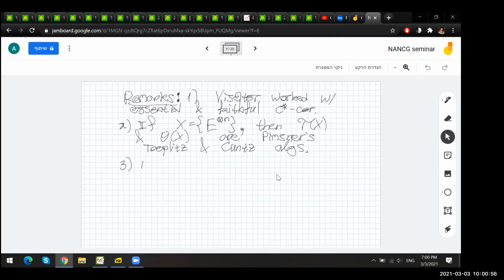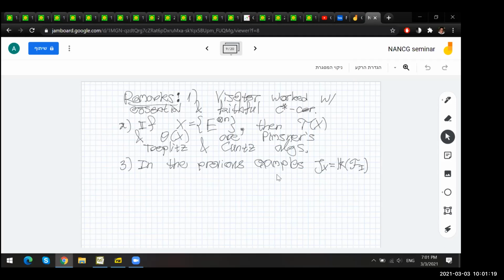Now 3: in the previous examples, Wieselter's ideal is just the compact operators. It's always the compact operators.